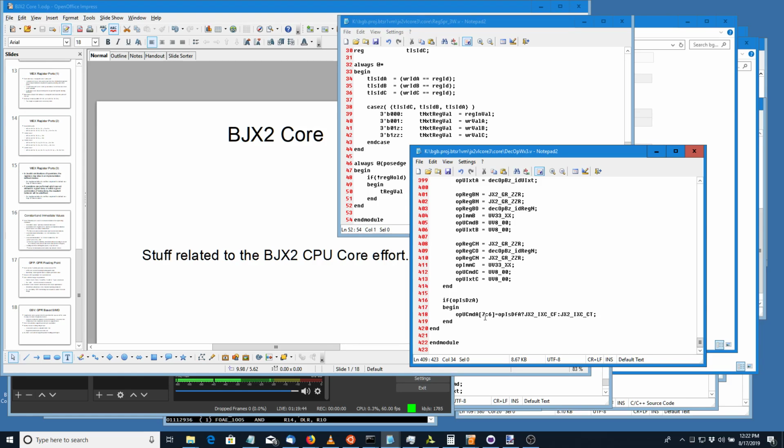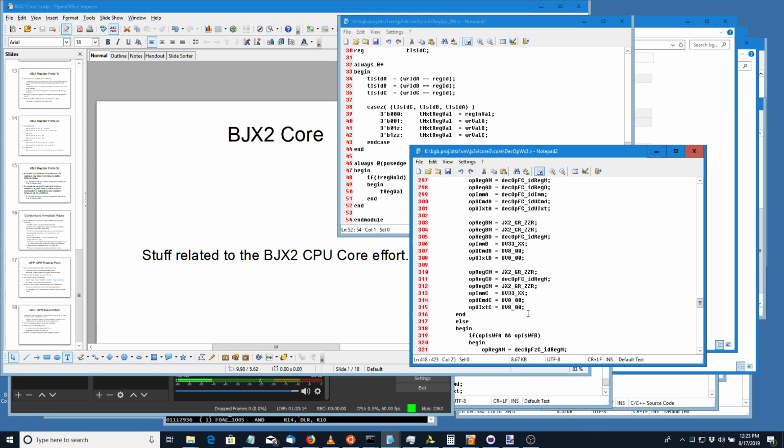And this last little bit deals with predicated ops. If the operation is predicated, then we update its execute mode depending on its predication bits. DZA basically means it's a predicated op, and DFA basically means it's on the false path.